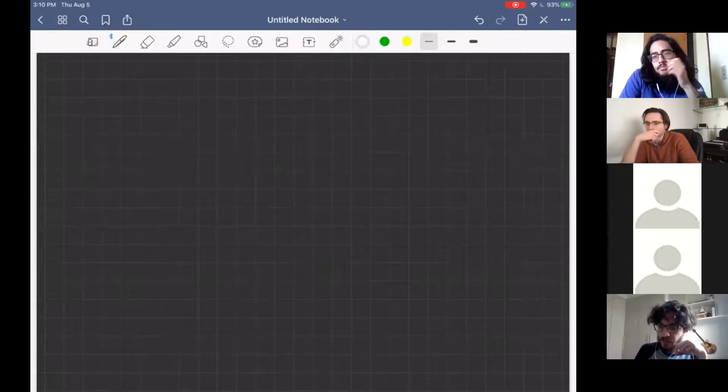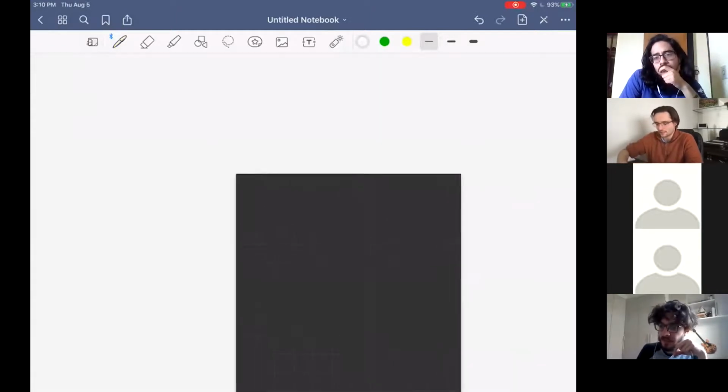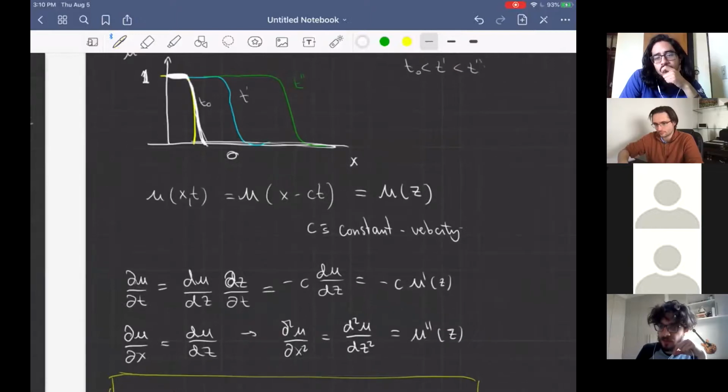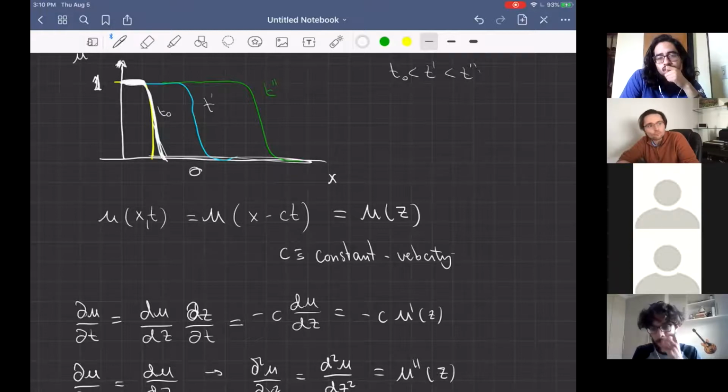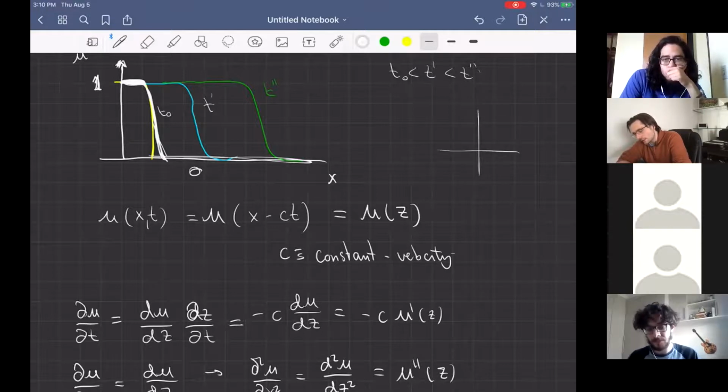I don't really understand why it should be 1, 0. I thought there was going to be something symmetric, spreading both ways. That depends pretty much on the initial pulse that you put, to be honest. If you start with something like this, which I think is what you had in mind, then the expansion would be in this way.